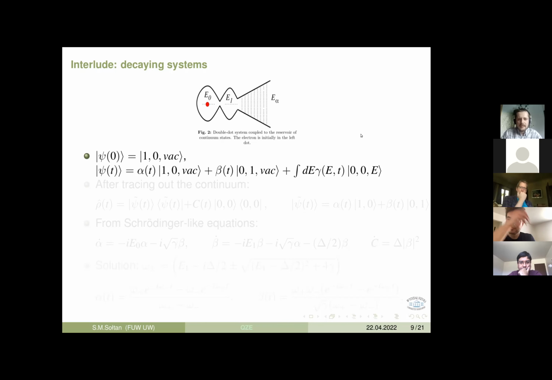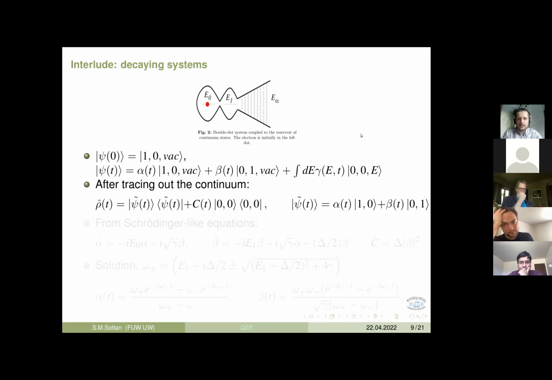And then we could try to trace out the continuum, which is fortunately simple because this pseudo dot is coupled to this continuum by a flat form factor. As a result, the solution to this system, after tracing out the continuum, could be split into the pure but unnormalized state and some other state connected with the decay to this continuum.